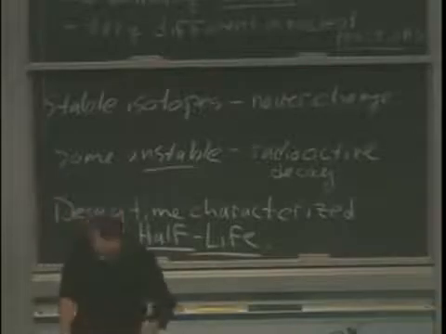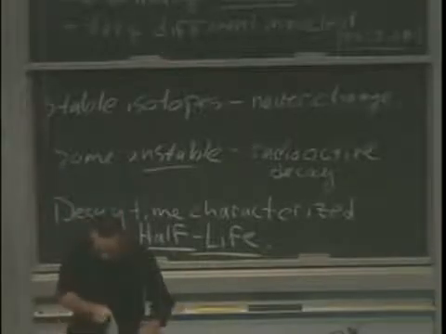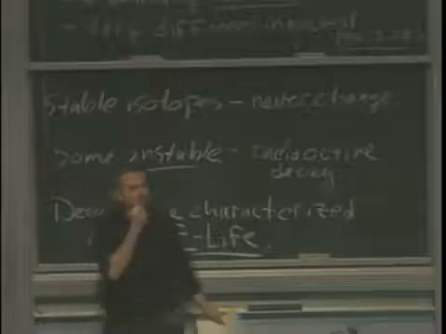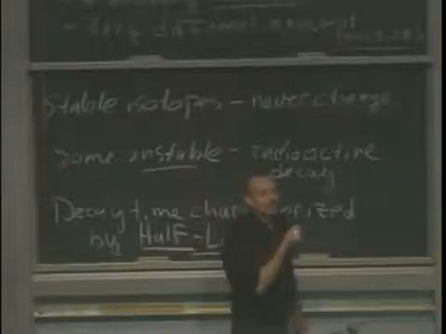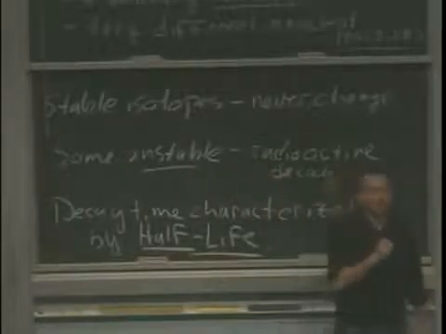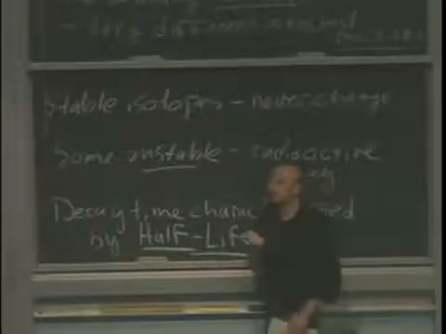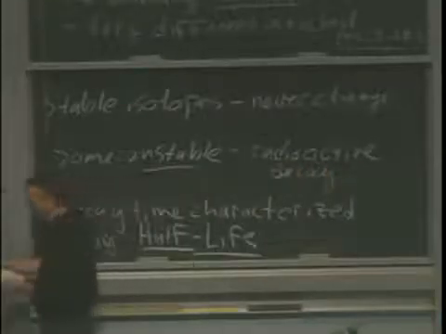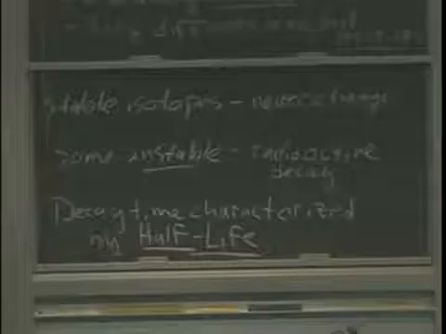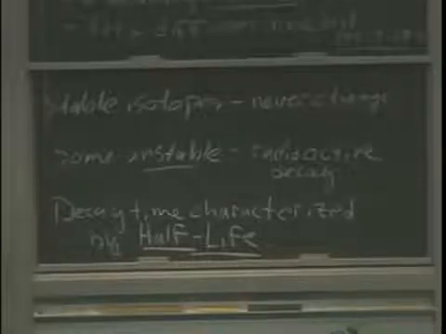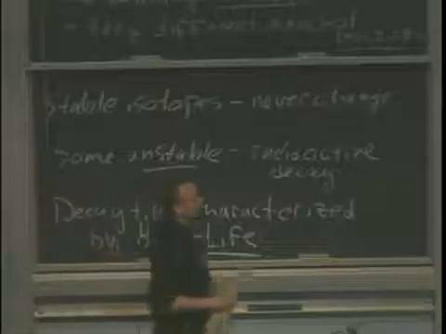Which individual nucleus decays at which specific time is completely a random process and one that we can't predict. So you can only look at groups of nuclei and discuss the typical decay time for that group as a whole.